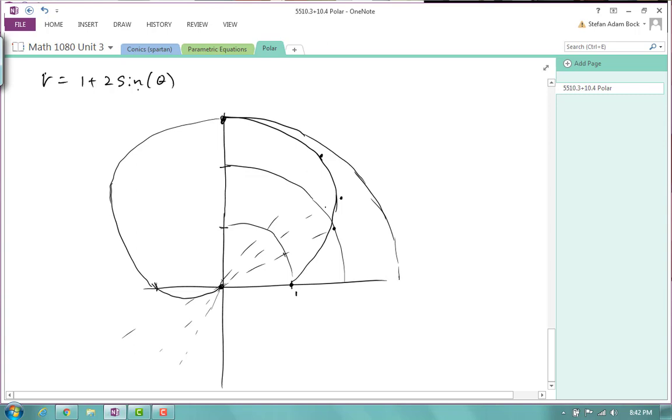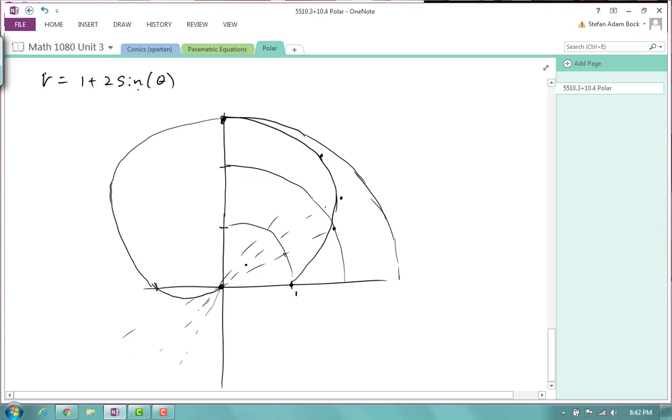As I go to 5 pi over 4, I'm going to have 1 plus 2 times negative root 2 over 2, which is 1 minus root 2, which is now a negative 0.414.